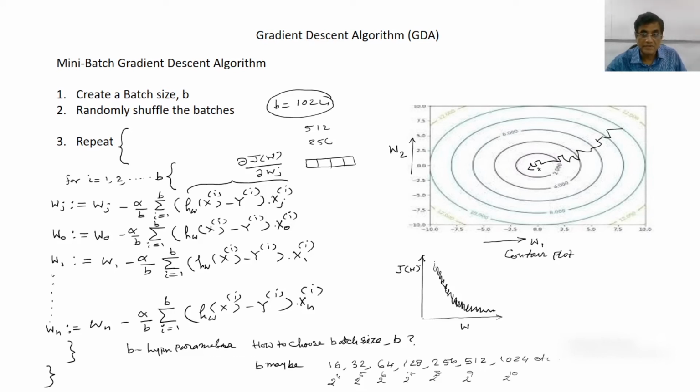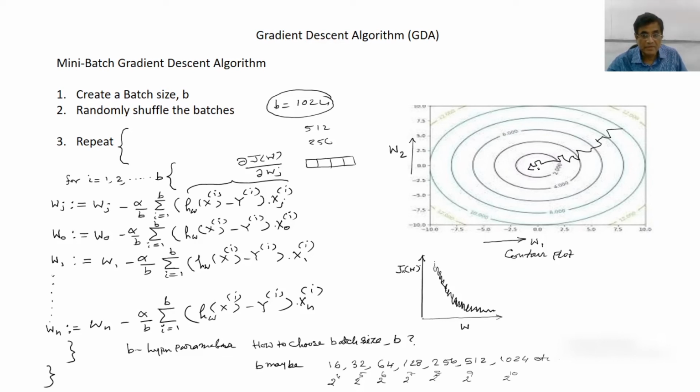It retains some precision from the characteristics of batch or vanilla gradient descent, and from a speed perspective it retains the characteristic feature of stochastic gradient descent. So that is the story of the mini batch gradient descent algorithm.